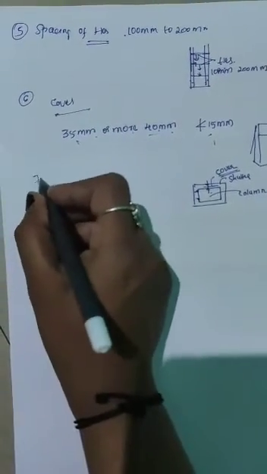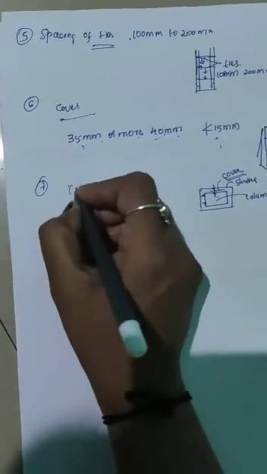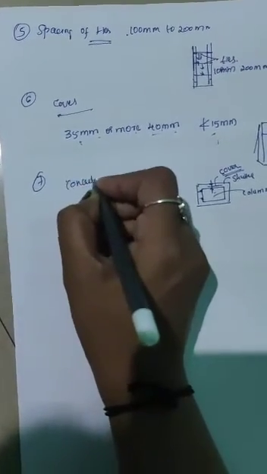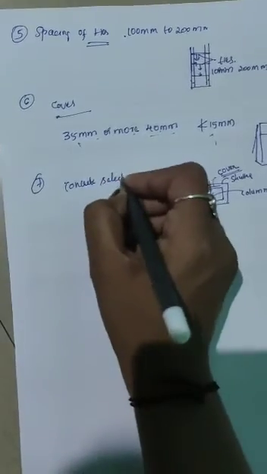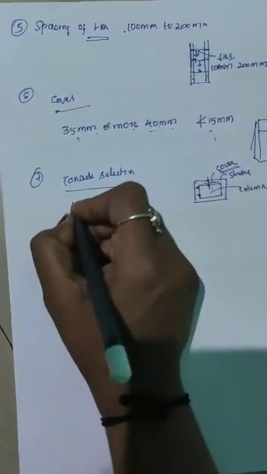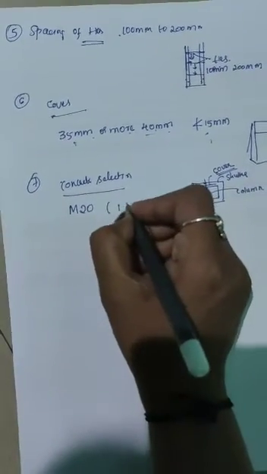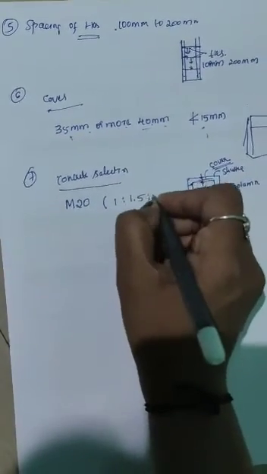The 7th point is concrete selection. Here the minimum grade of concrete that we need to choose is M20. What is its ratio? 1:1.5:3.